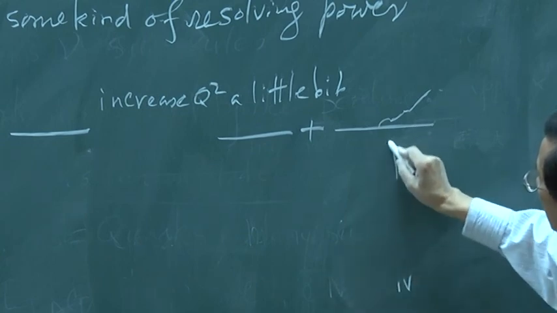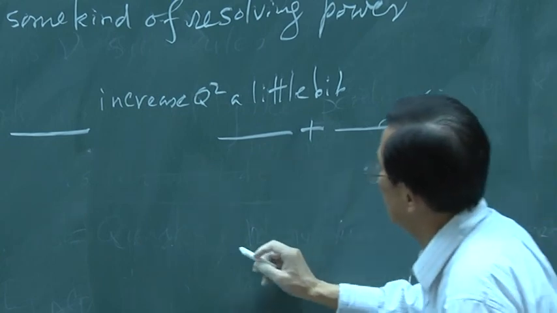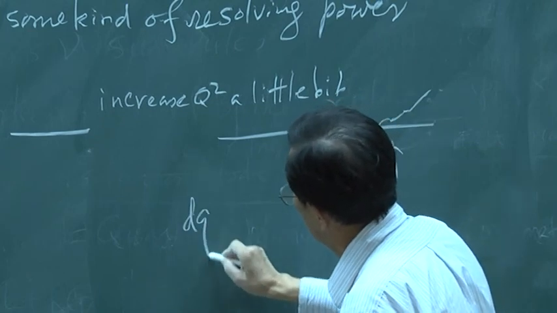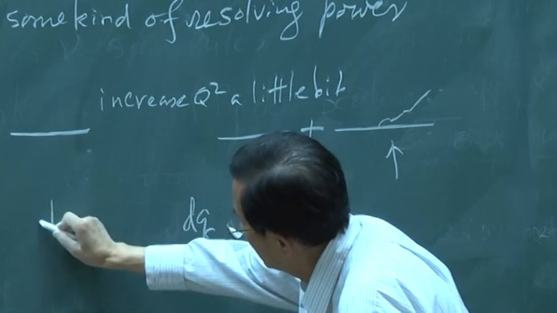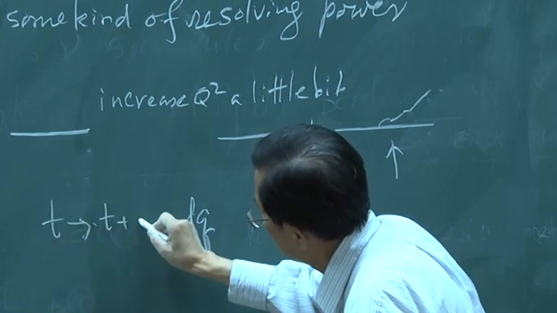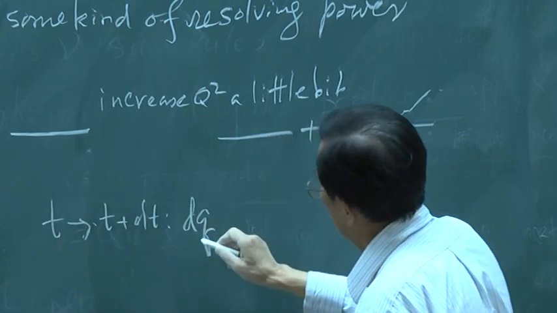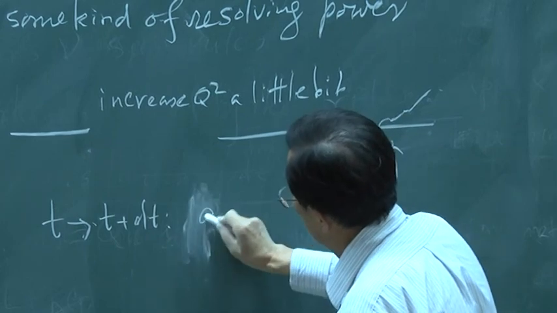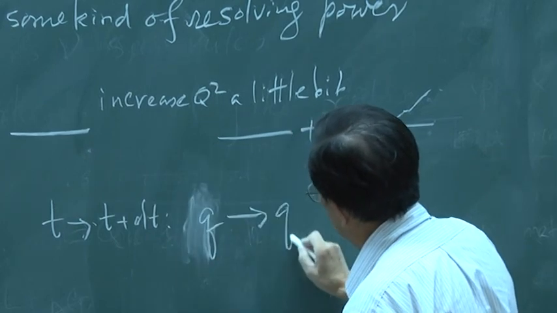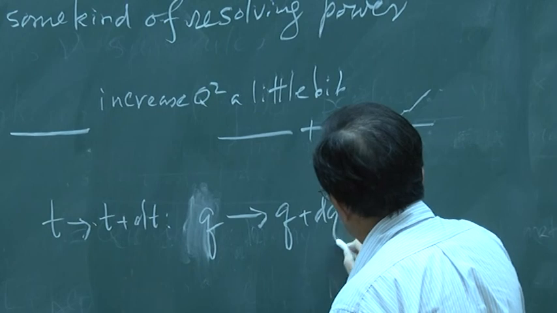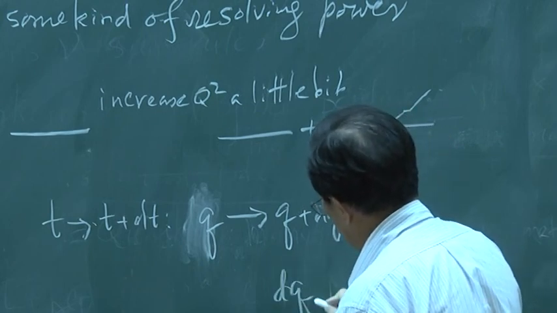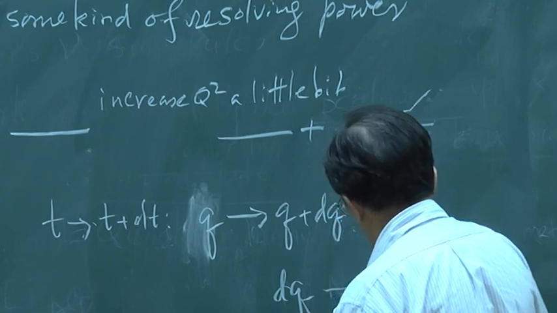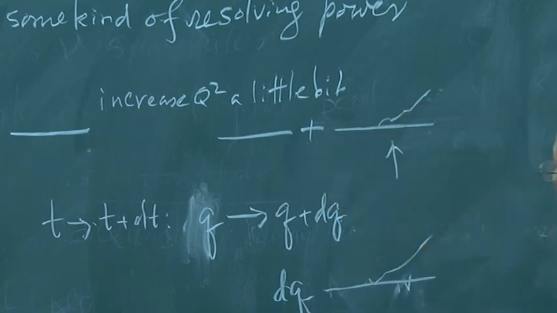And so essentially, if t goes to t plus dt, then q will equal q plus dq. And this dq in a Feynman diagram will be something like this. Okay.